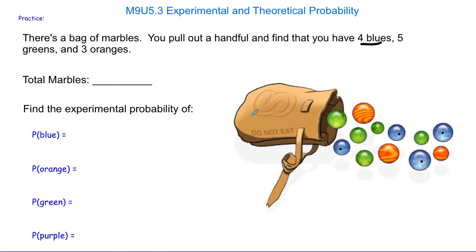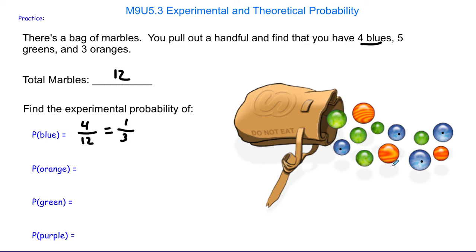So the total number of marbles here is 12, right? 9, 10, 11, 12, great. And so if you threw them all in the bag, what's the probability of pulling a blue out? Well, it would be these 4 successes, which is 4 blue ones, out of 12, right? And you'd simplify that to 1/3, or 33.3333%.